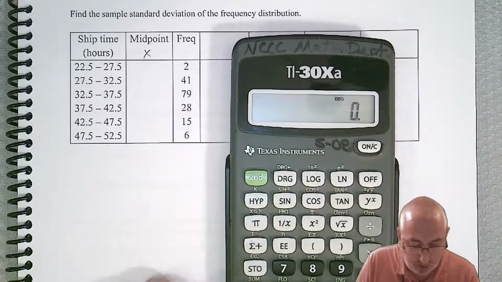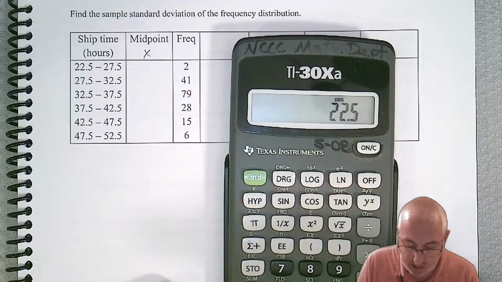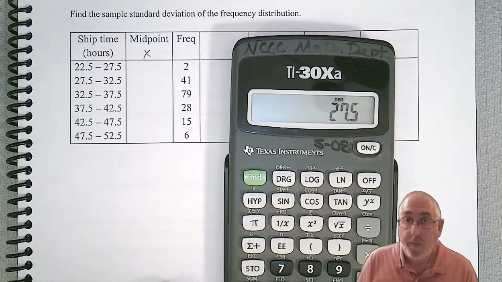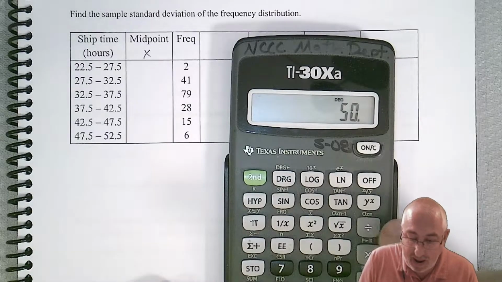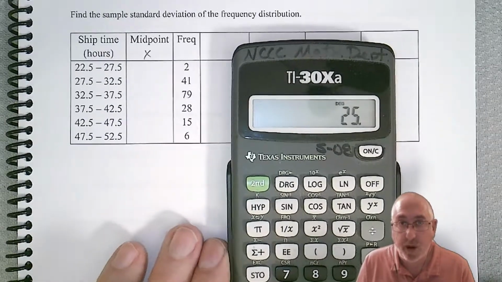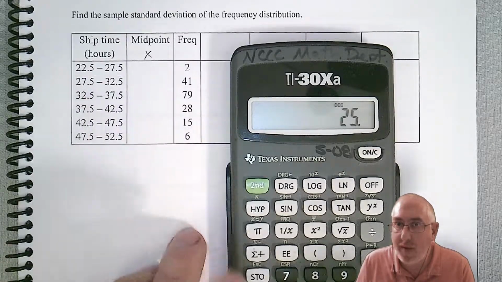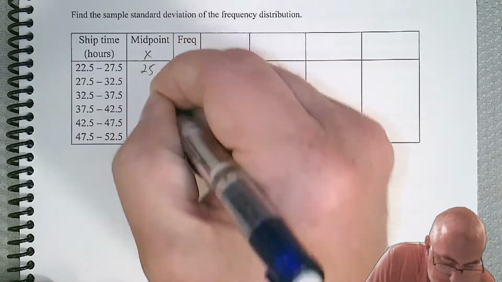Now, I didn't do it right, because if you do it right, you should get a nice answer. So when you add them, be deliberate. Add them and get the result, and then divide it by 2. In this case, we do get 25. And we can see that 25 does look like it's in the middle of that interval. So 25 is the first midpoint.